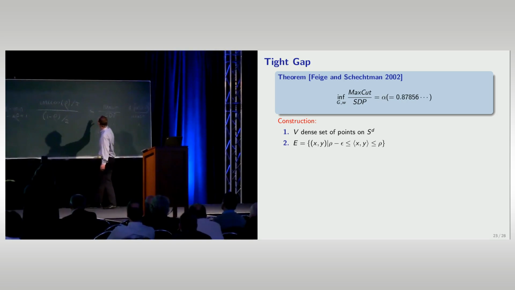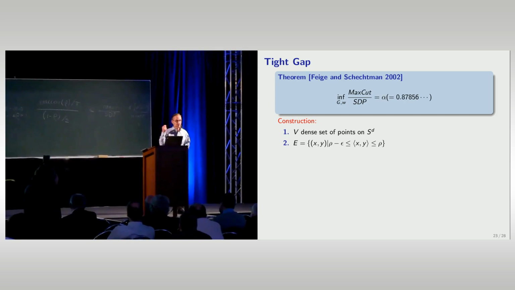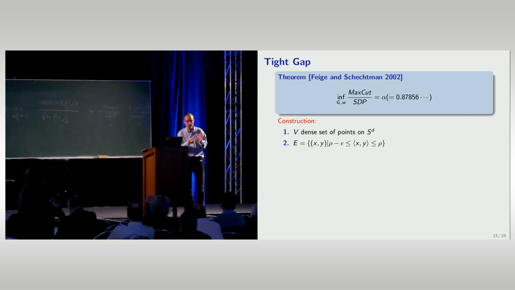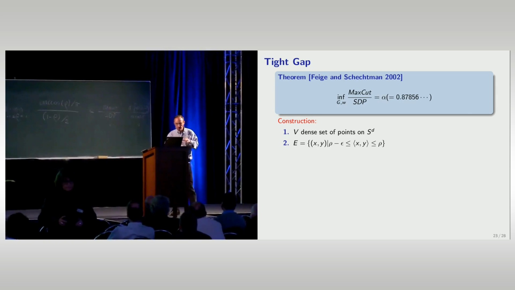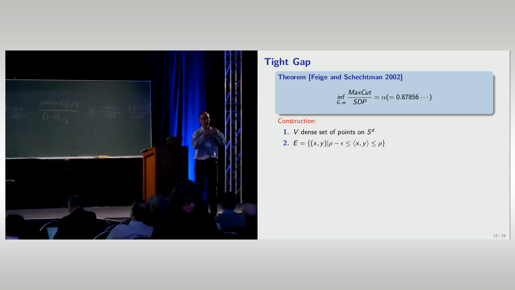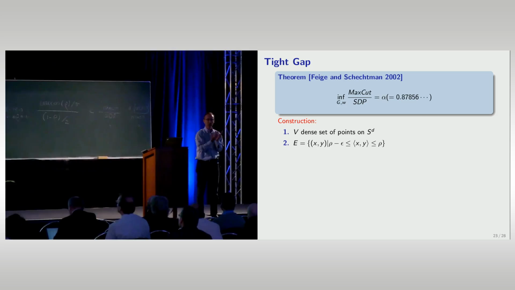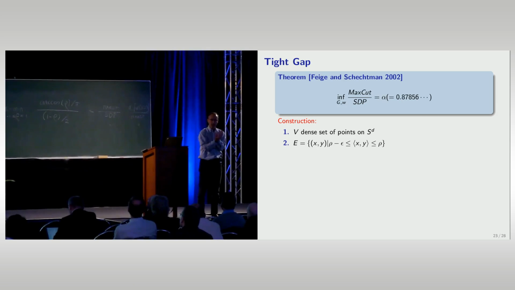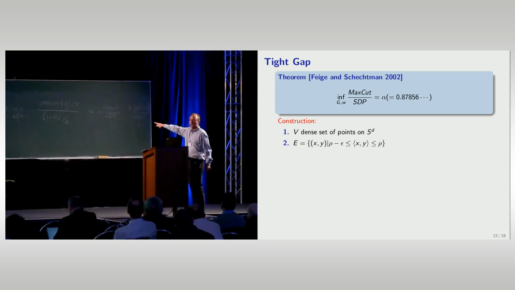But let me first show that max cut divided by SDP can be arbitrarily close to this 0.87856, and it's a nice geometric construction. That was done by Feige and Schechtman. What you do is you take a d-dimensional sphere, you put a very dense collection of points on it, and you put an edge only if they give you an angle that's the worst case rho.